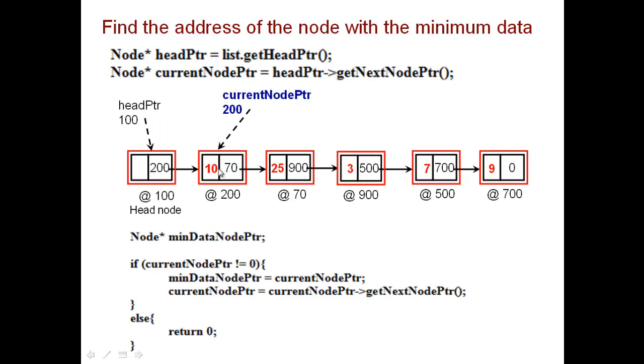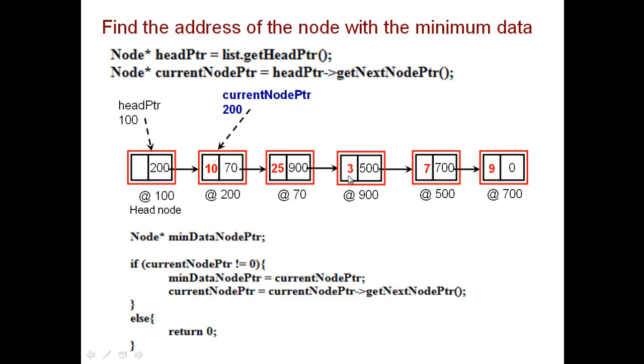So this is, say, your current node pointer corresponds to the iteration index I. Okay, so you want to keep this as a reference, and starting from this node, now we want to check the data. Which node has the smallest data starting from this node? And if you look at this figure here, this node at address 900 has the minimum data.